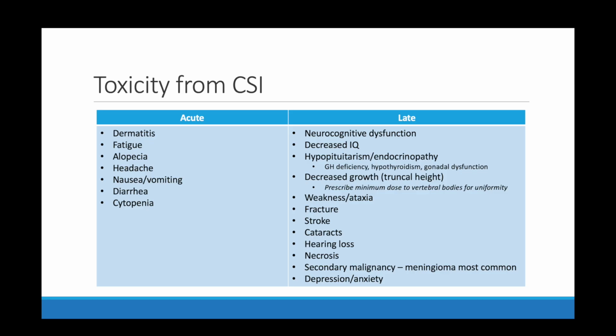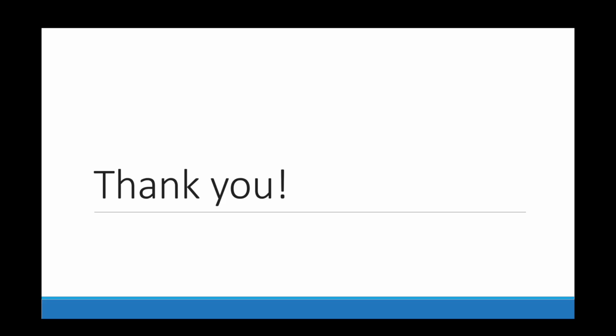So again, these are not at all insignificant. These are very life-altering, very difficult for parents to hear. So it's very important to be familiar with these and keep in mind what to expect when we're counseling patients and families.